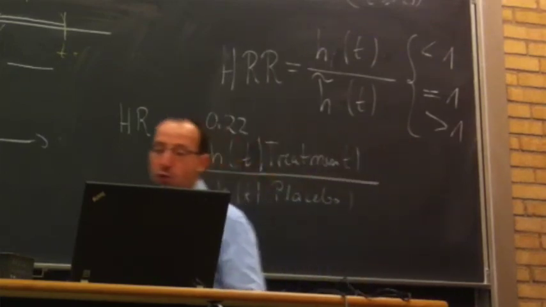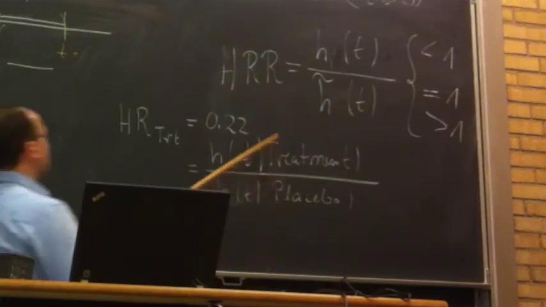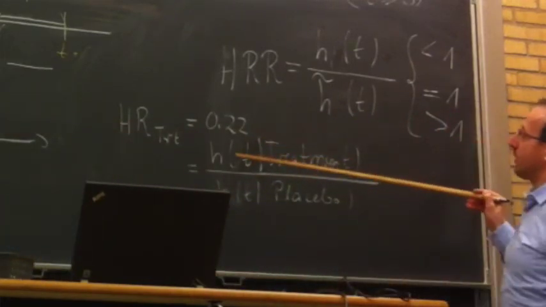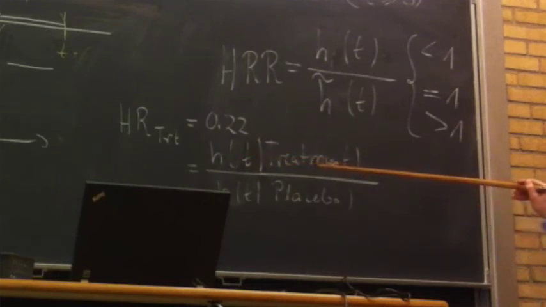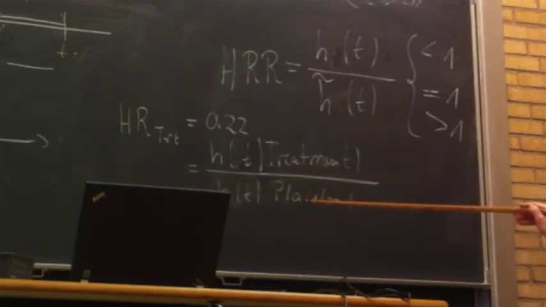So the hazard rate ratio, which is presented here, is the ratio of two hazards. Dependent on your data coding, the ratio in this case is the ratio of the hazard in the treatment group to the hazard of the placebo group.